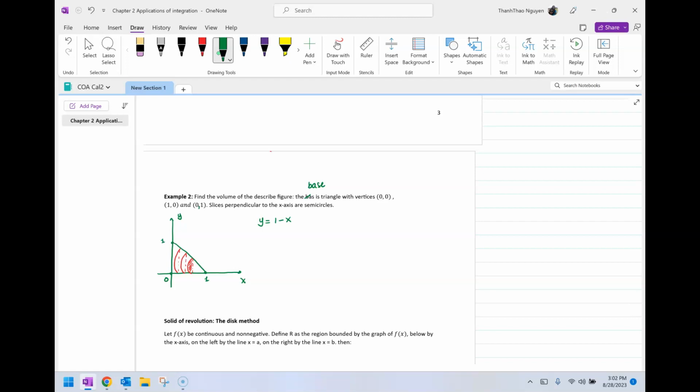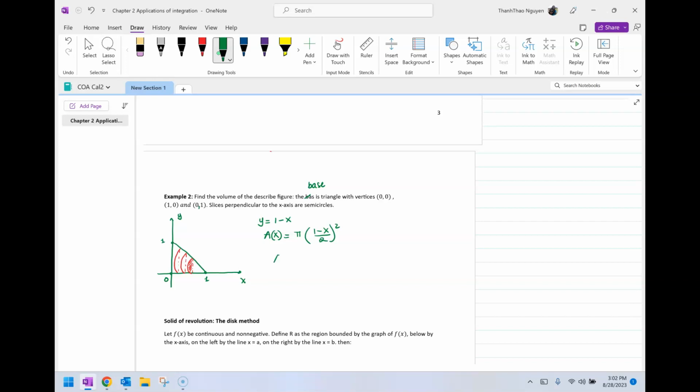So the area of the cross section is equal to one half pi r squared, so pi over 2 times the radius, which is (1 minus x) over 2, squared, because the diameter is divided by 2 to make the radius.